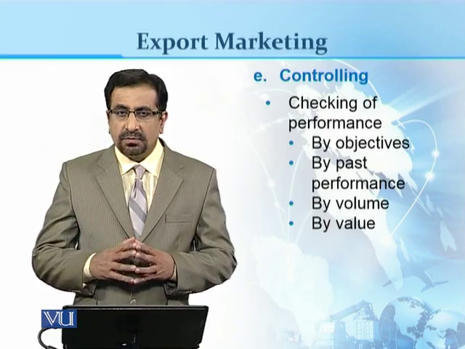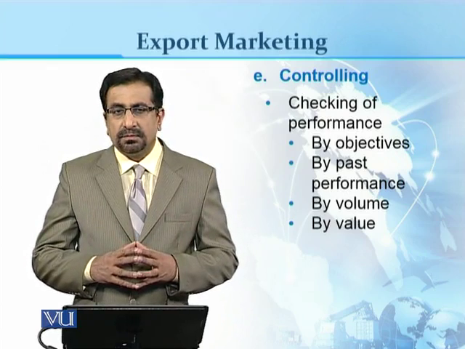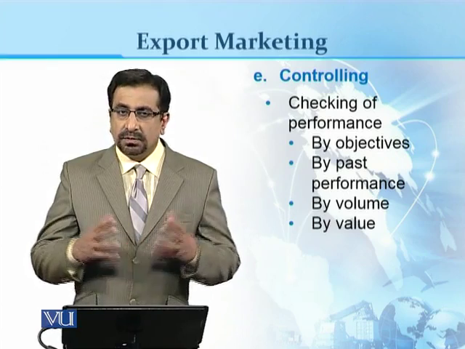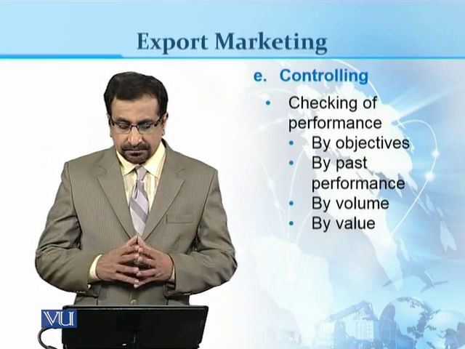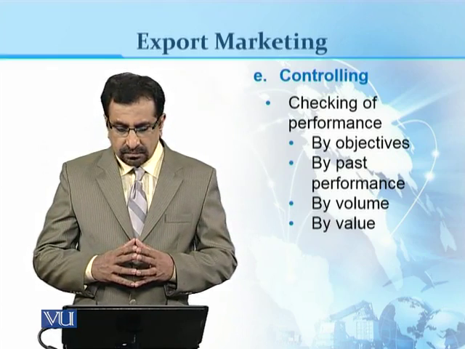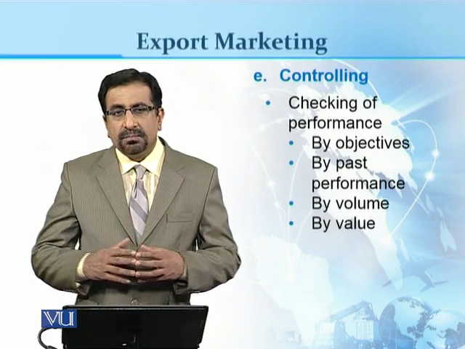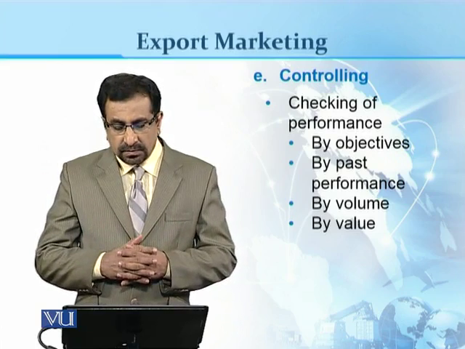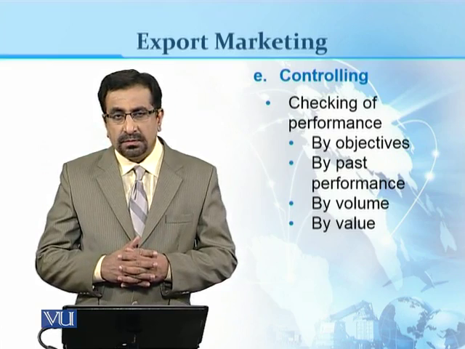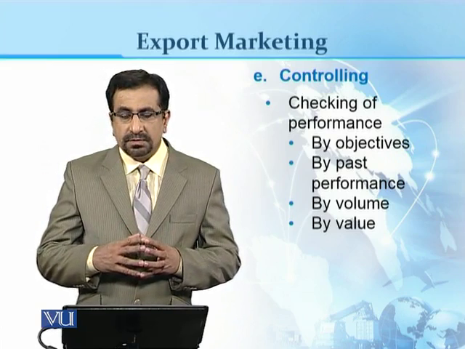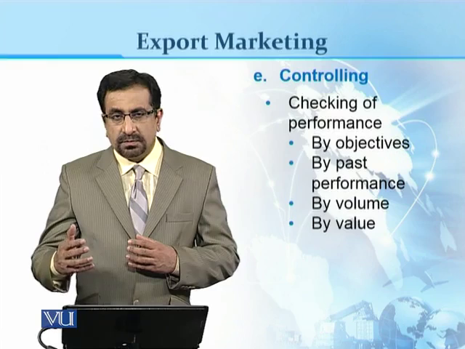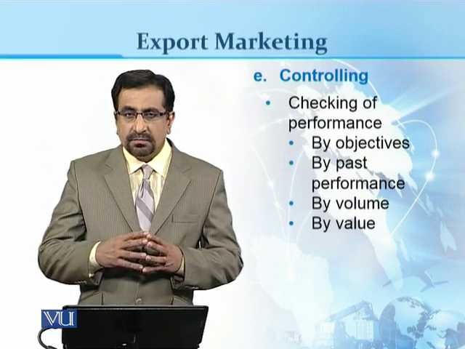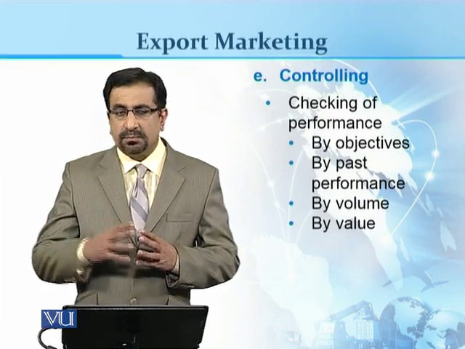Are there any changes in those assumptions? Or the assumptions are the same? Then we may also look into the past performance. This year's performance vis-a-vis last year's performance. This year's performance vis-a-vis last 5 years' average performance.